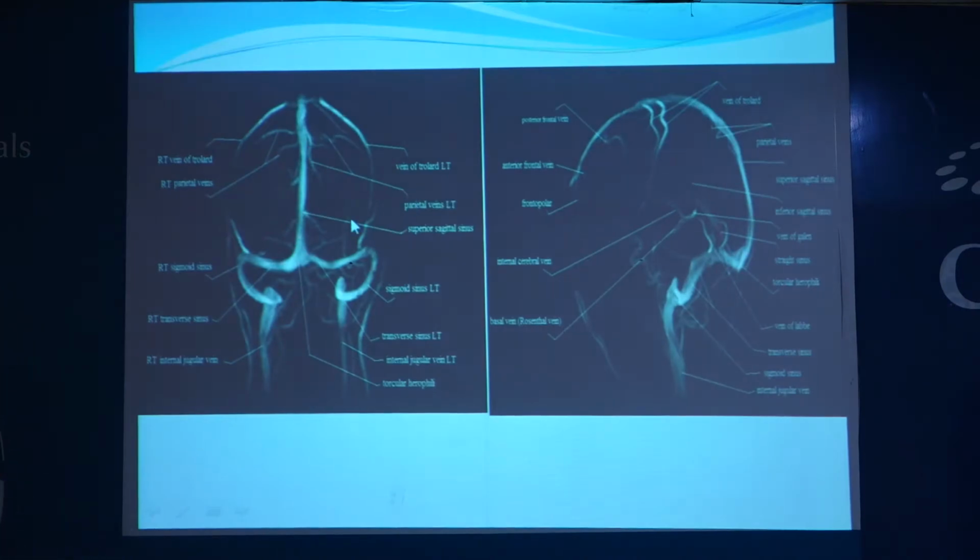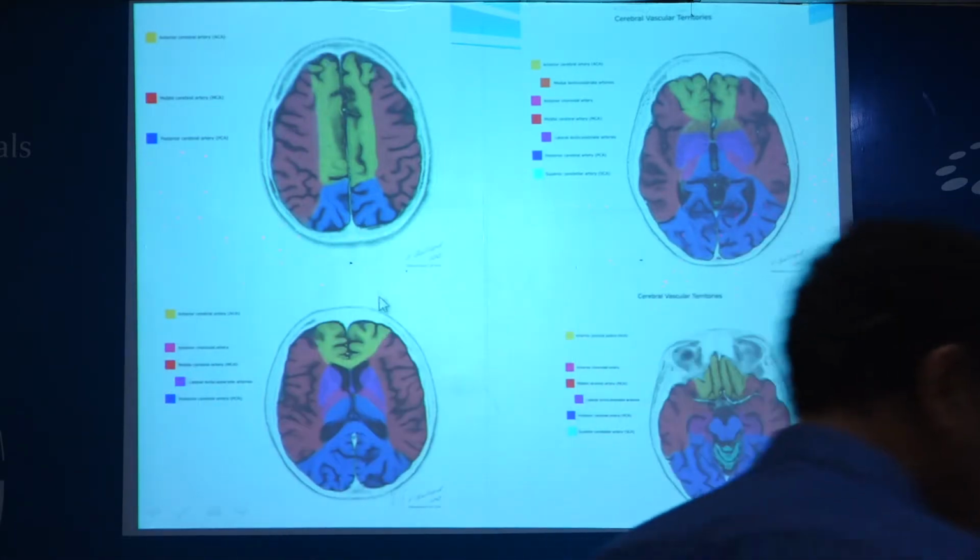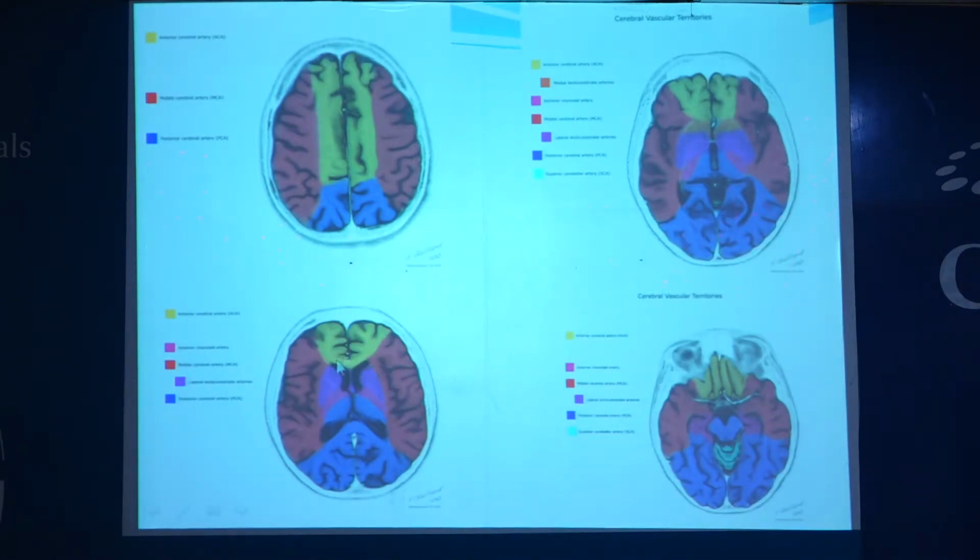Majority of the area is supplied by the middle cerebral arteries, which is represented in pink color, which you can see is the lateral aspects of the frontal parietal lobes, the temporal lobes. The ACA territory is the parasagittal portions. This is the central falx, and these are the parasagittal portions of the frontal lobe, the basal frontal lobes, which are supplied by the anterior cerebral artery.